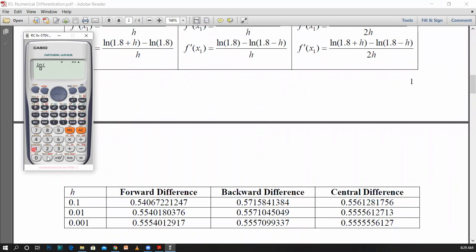If you insert these values into the calculator, you get ln(1.8 plus h), then this minus ln(1.8 minus h), and this has to be divided by 2 times h. Instead of h, I am using the letter a here. Then if I set the value of h to 0.1, I will get the answer as 0.5561281756.